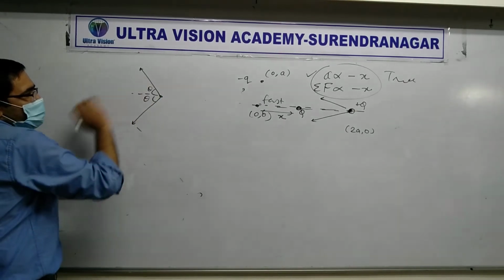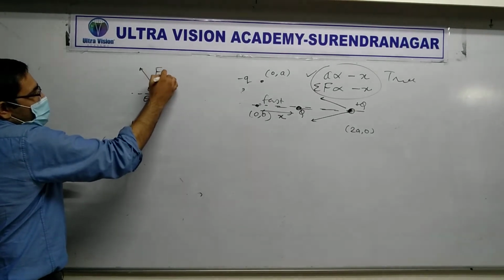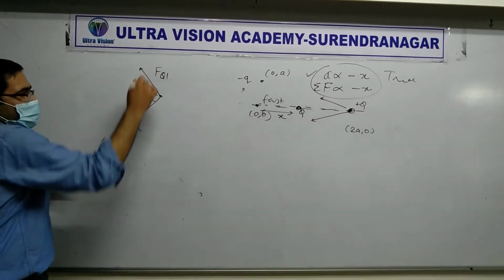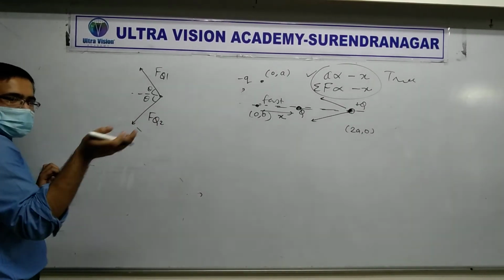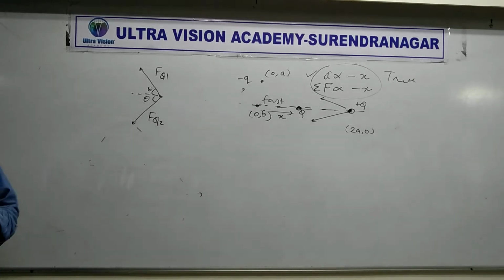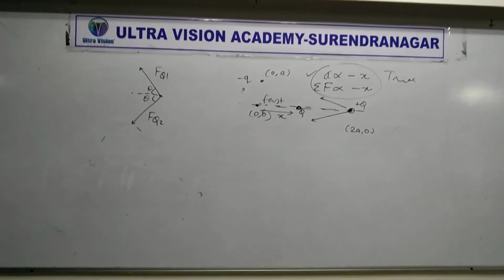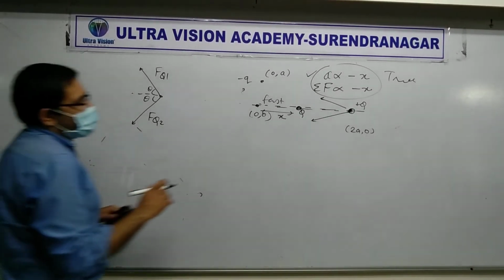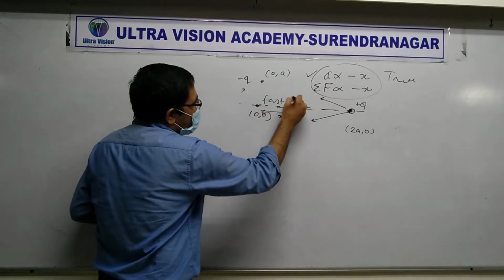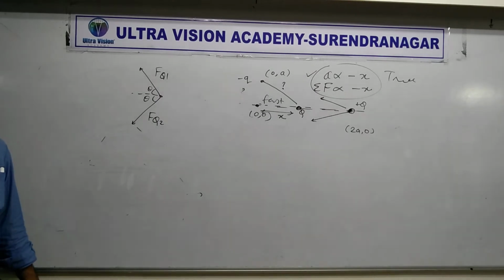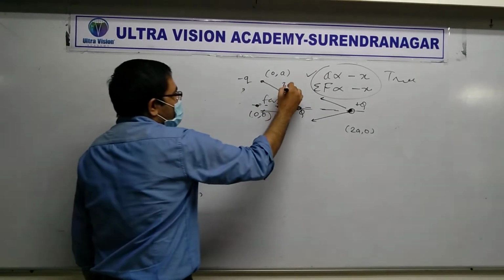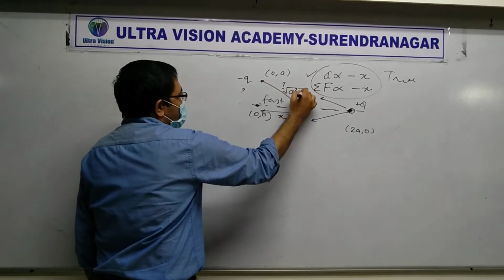Can you find this one force? Suppose we call them Fq1 and Fq2. Can you find the first force? This distance is x. What will this distance be? Under root a square plus x square.